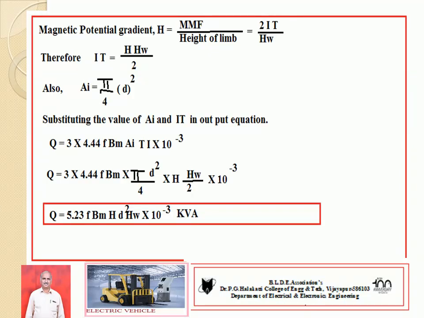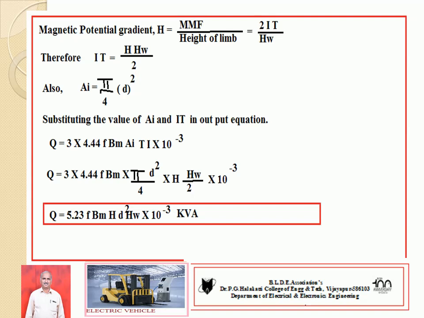It is given by the ratio of MMF to the height of the limb. So the total MMF on one limb, that is 2 times IT, over the height of limb, that is the height of window, HW. From this equation you develop total ampere turns, that is I into T equal to H into HW divided by 2.